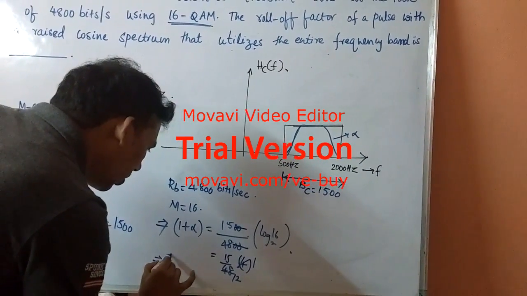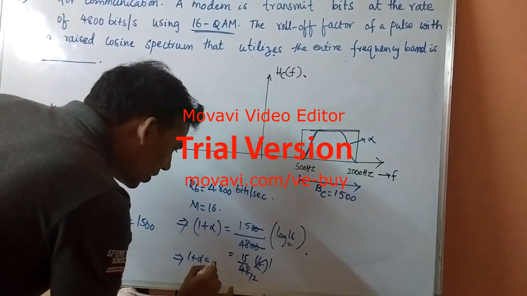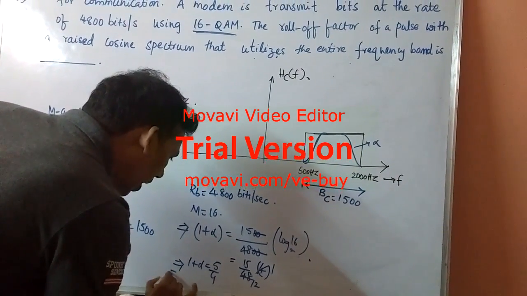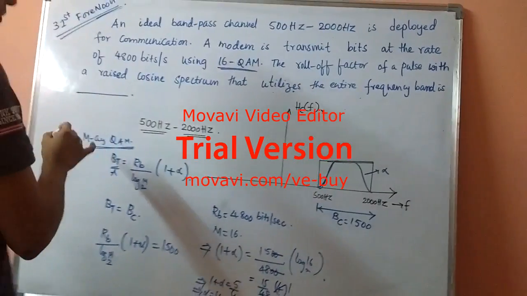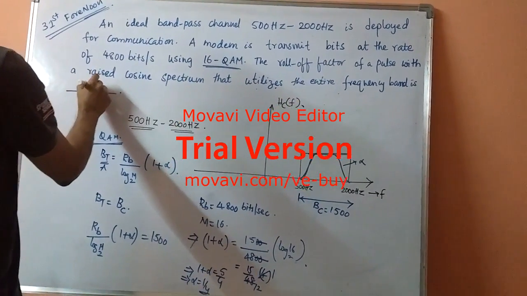This implies 1 plus alpha equals 5 by 4, and alpha equals 1 by 4, so the roll-off factor equals 0.25.